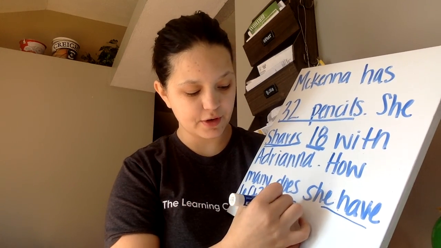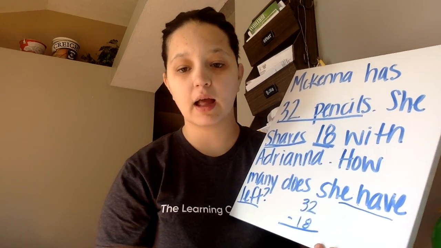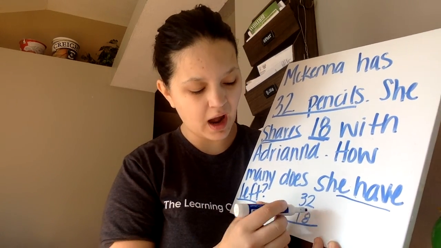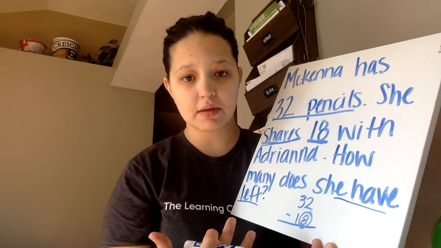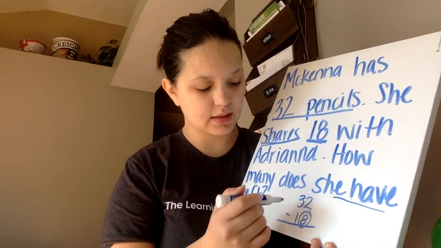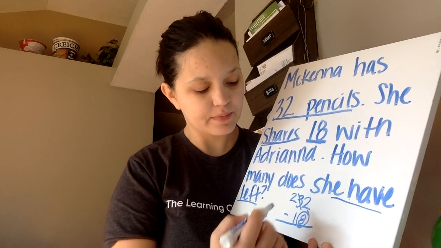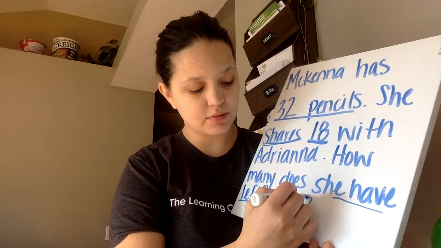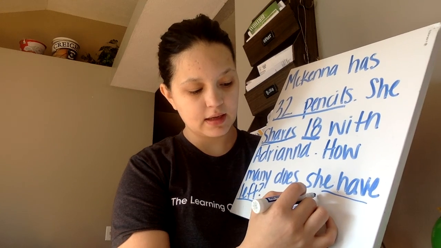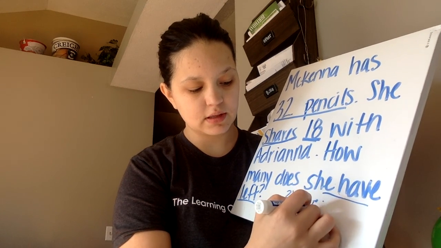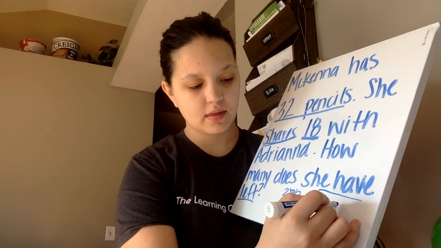So if I have 32 minus 18, first thing I do, I look at my ones. Well, I notice that the 8 is bigger than the 2 in this problem. So that means I need to ungroup and get my 10s. So I'm going to ungroup here. That's going to leave me with 2 10s left. And I am going to add my 10s to my ones to give me 12. So here what I did is if I have 32, there's 30.